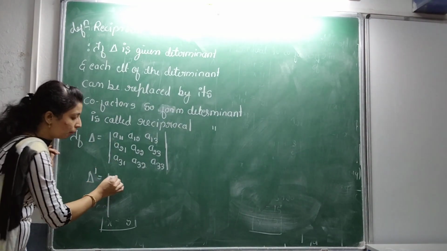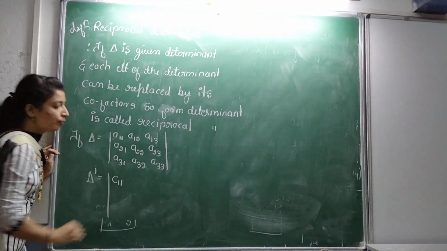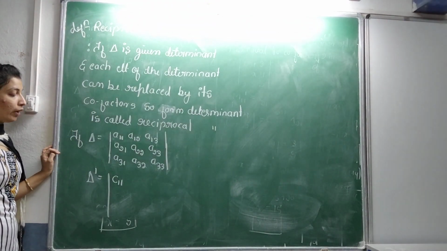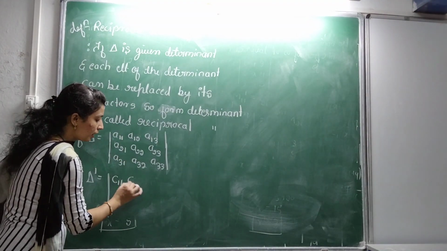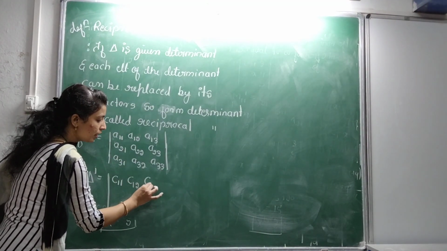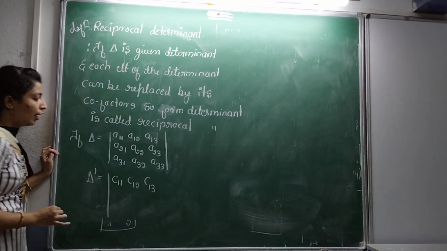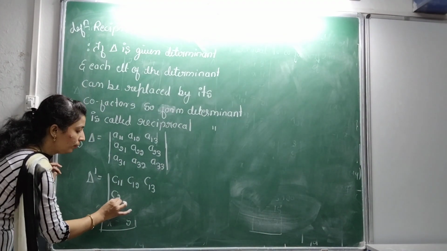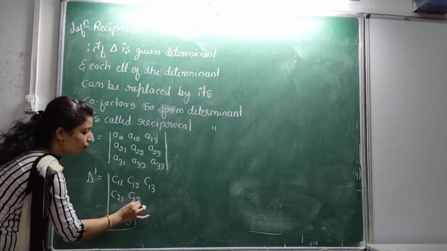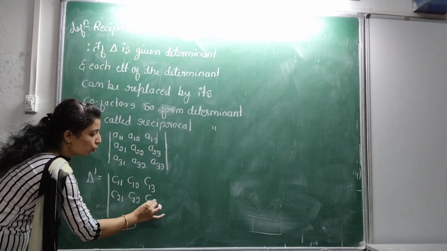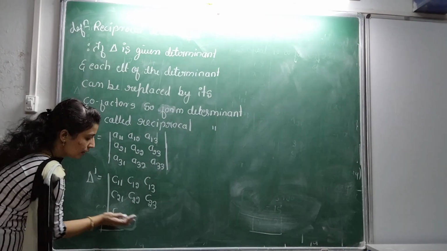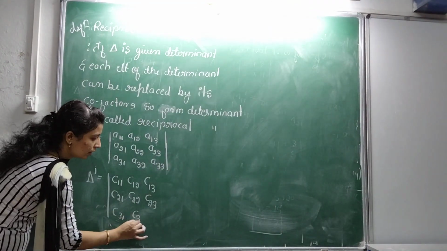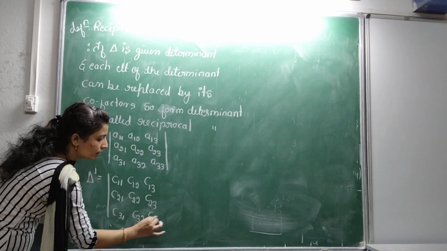So A11 can be written as its cofactor, that is C11. A12 can be written as C12, C13, and A21 can be written as C21, C22, C23, and C31, C32, C33.